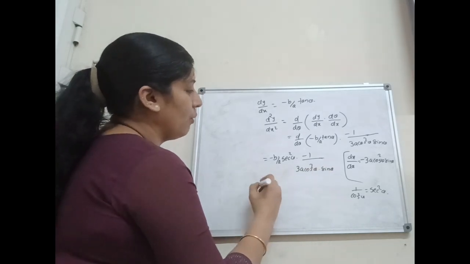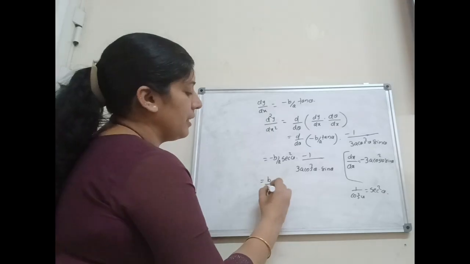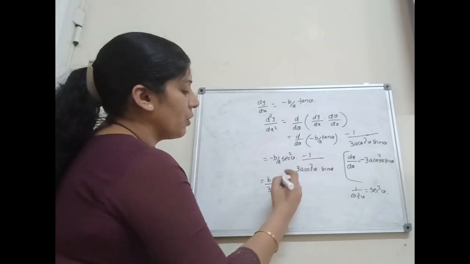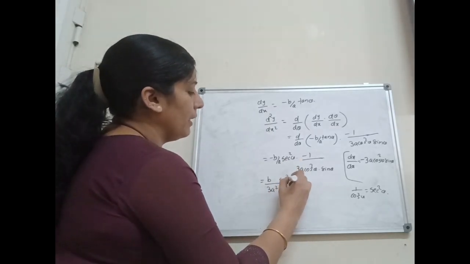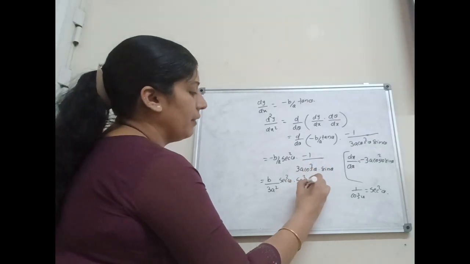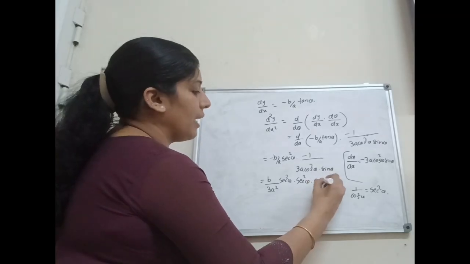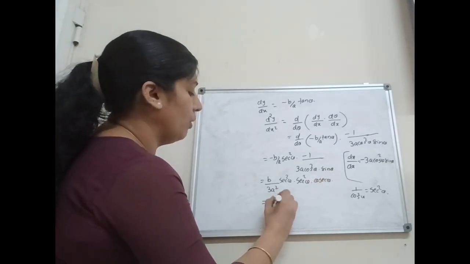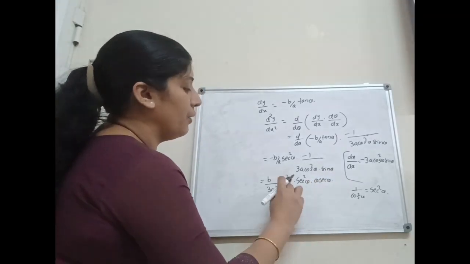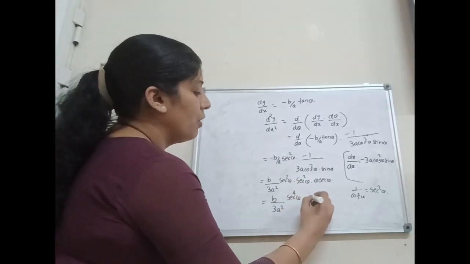Therefore it is equal to minus minus plus, that is b by a into 3a, that is b by 3a square. In the numerator it is sec square theta into 1 by cos square theta, that is again sec square theta, into 1 by sin theta, that is cosec theta. Therefore it is equal to b by 3a square into sec square theta into sec square theta, that is sec raised to 4 theta, into cosec theta.